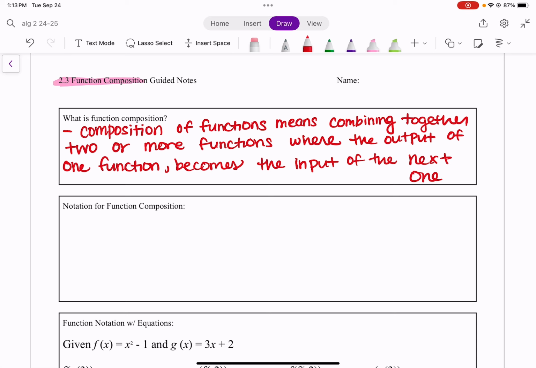So essentially, we're going to be dealing with two functions, okay?